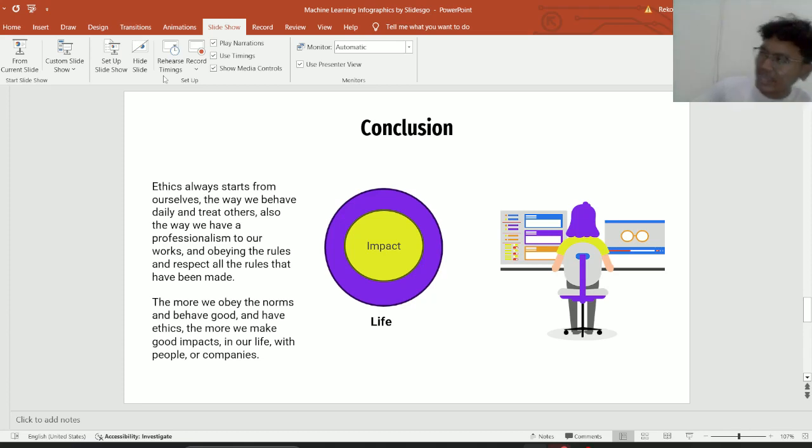By applying ethics in information technology, we have professionalism for ourselves. We're going to obey and respect all the rules and behave well towards them.